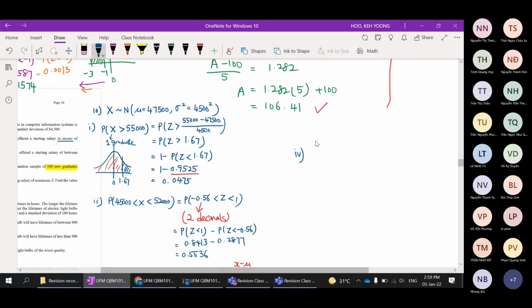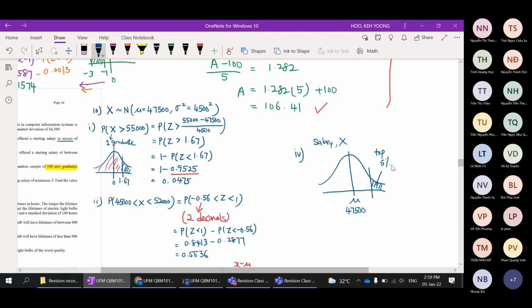So if you look at our salary distribution, we know that the mean is 47,500. Top 5% means they have a salary more than the mean. So this is our top 5%.